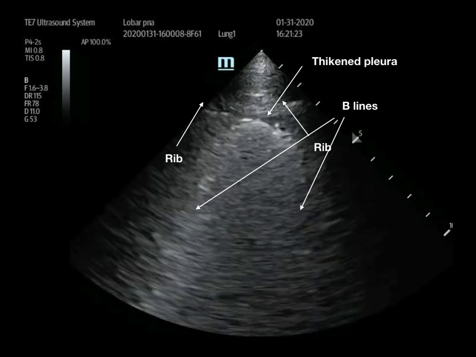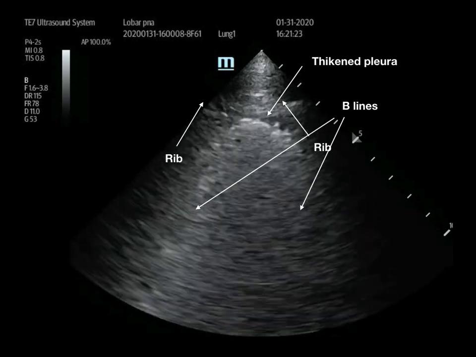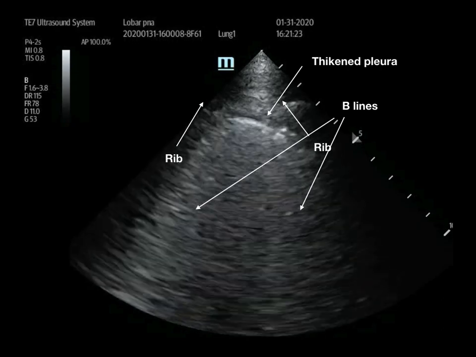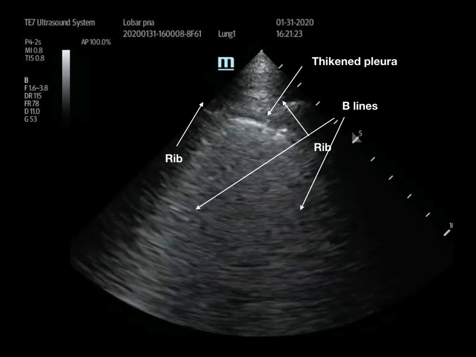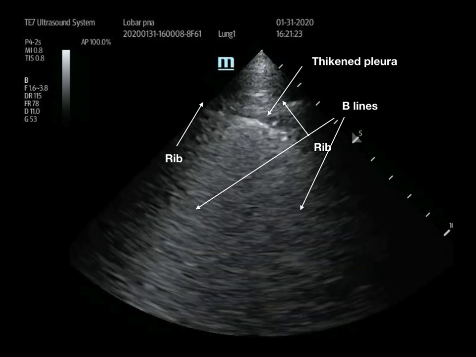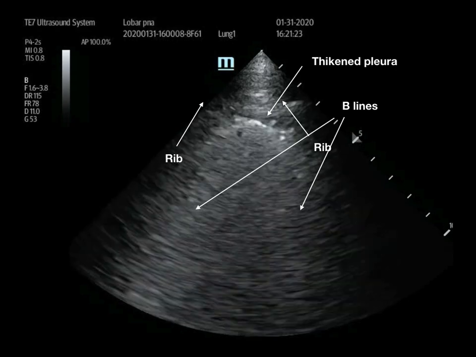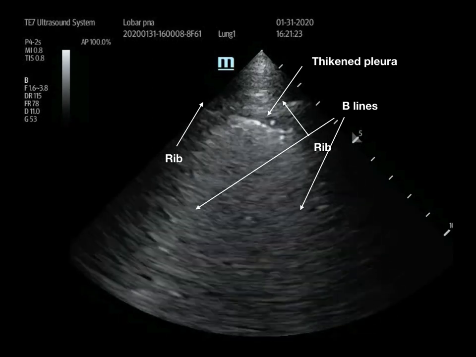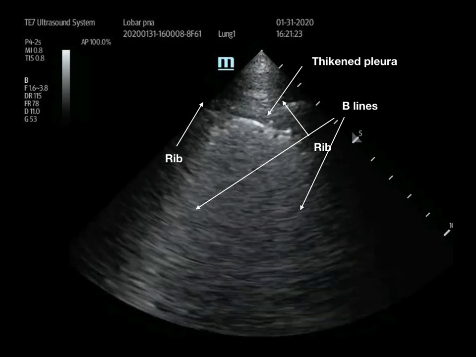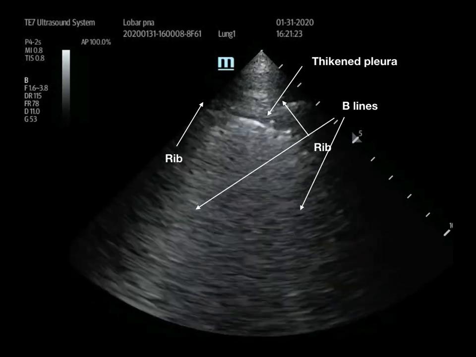Usually we call a quadrant abnormal when it has at least 3 B-lines or more. Here we see 2 B-lines, but they are not flickering. Usually B-lines from pulmonary edema are very flickering. These are not flickering, and they come from the base of the pleura. You can see the pleura is a little bit thick and different from the prior slide.